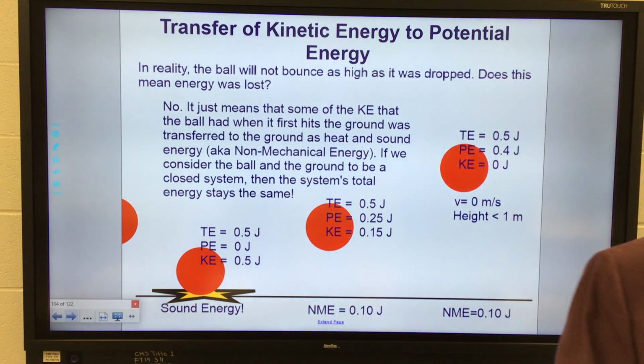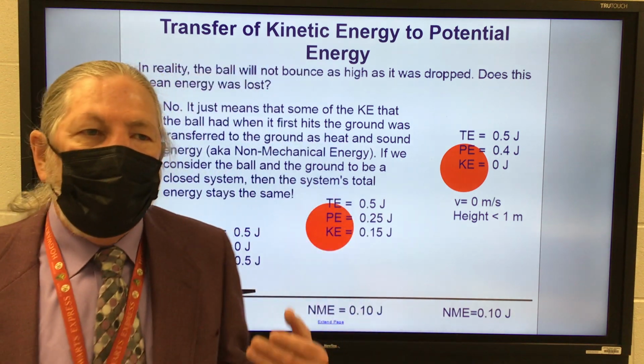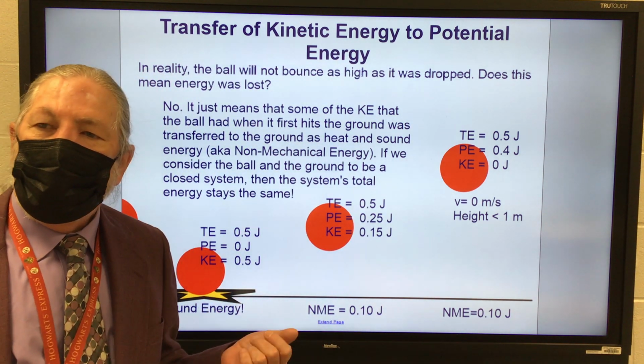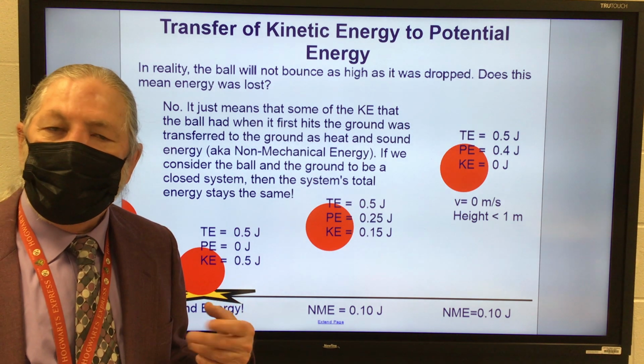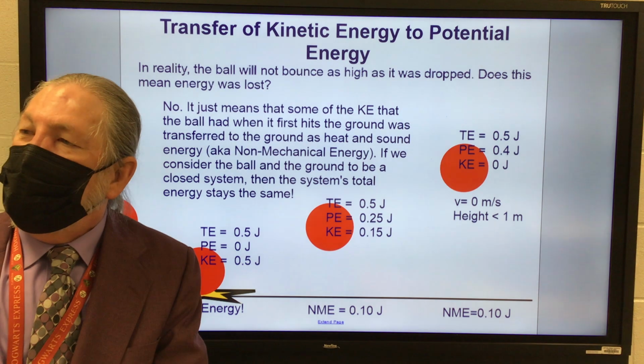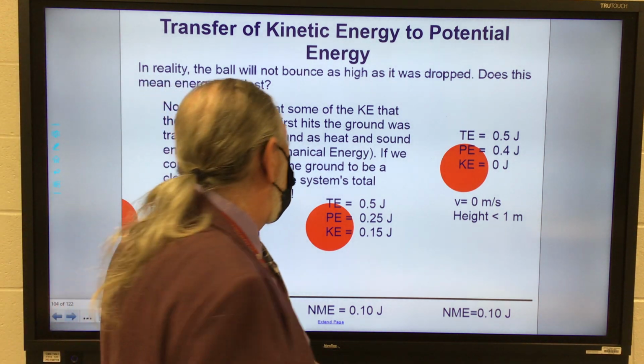So some of that was changed from kinetic to sound, because you heard the sound, right? And then heat, which you may not have heard. If you had the right tools, you could measure the heat.